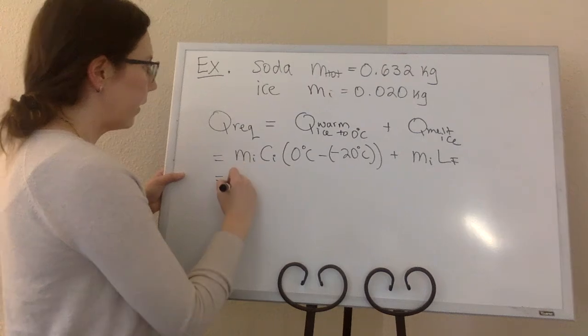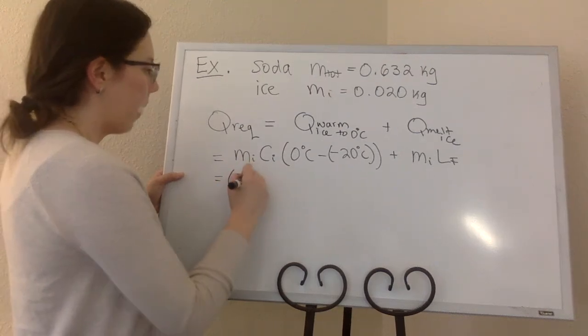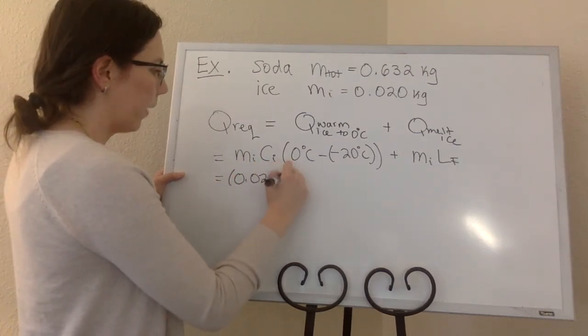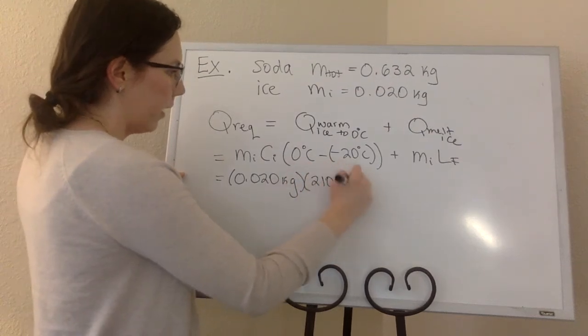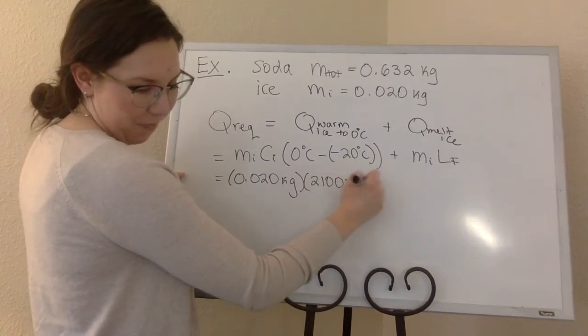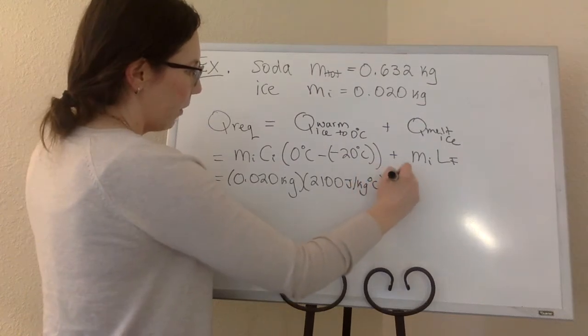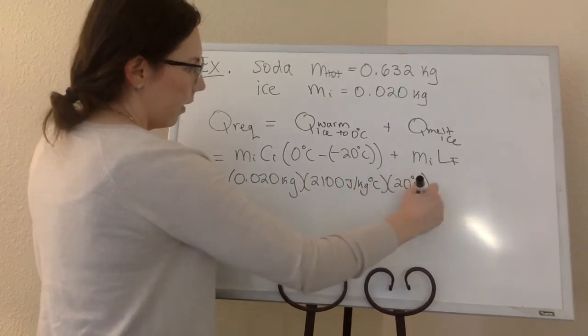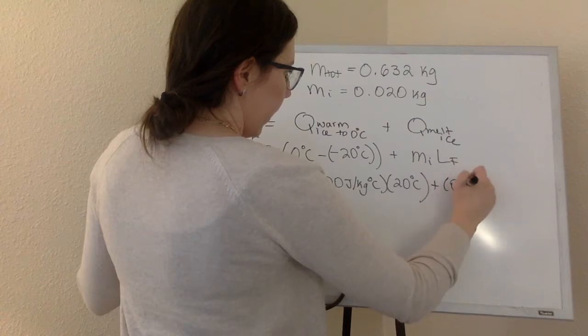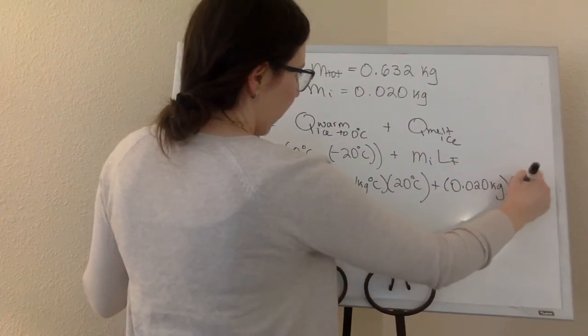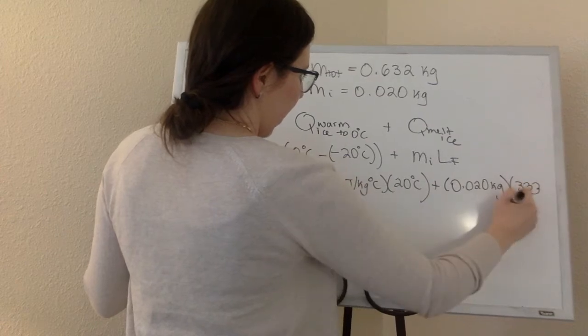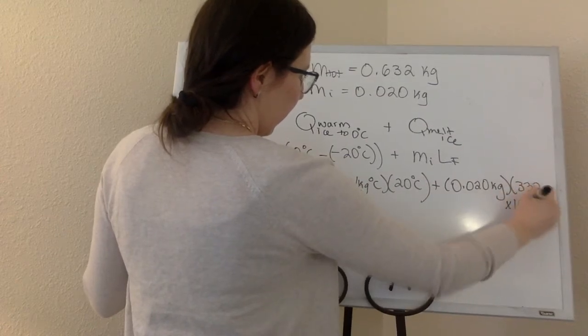And we can find this number here, so 0.020 kilograms times 2,100 joules per kilogram degrees Celsius times positive 20 plus 0.020 kilograms times the latent heat of fusion, 333 times 10 to the 3 joules per kilogram.